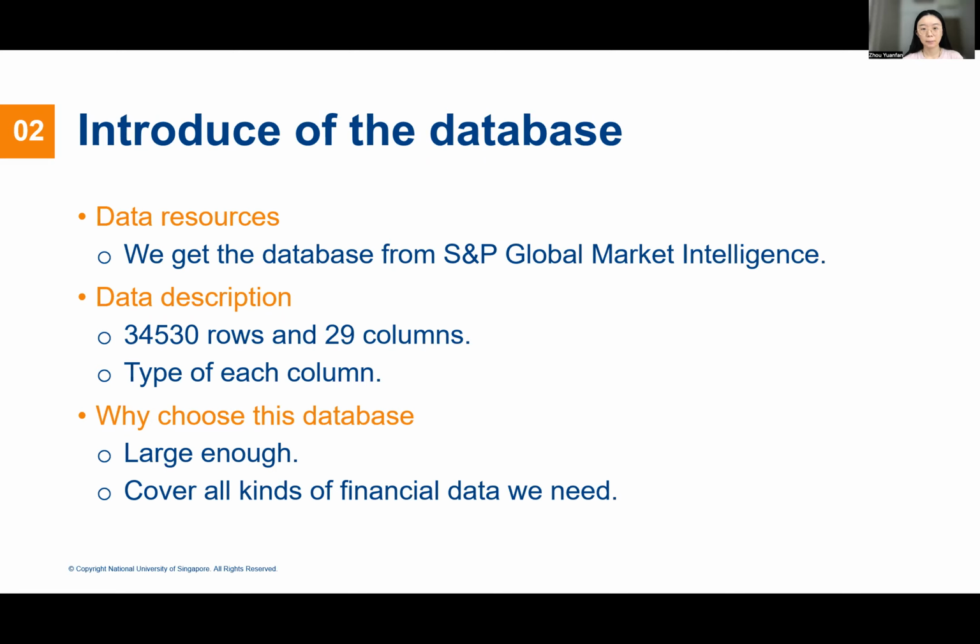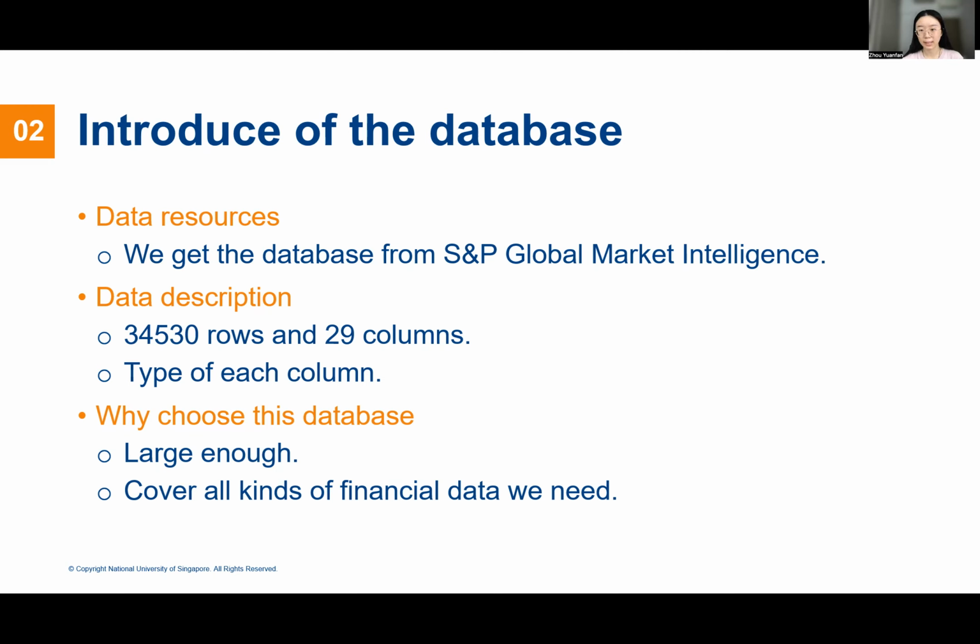We set the period from January 31st, 2002 to December 31st, 2014, and select 34,530 annual financial information of different companies randomly. This dataset contains 34,530 rows and 29 columns.